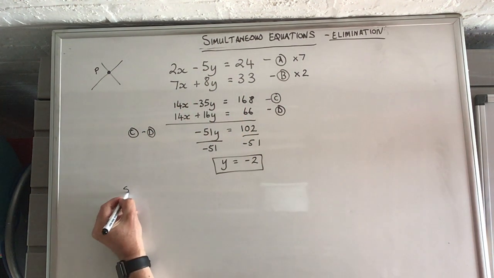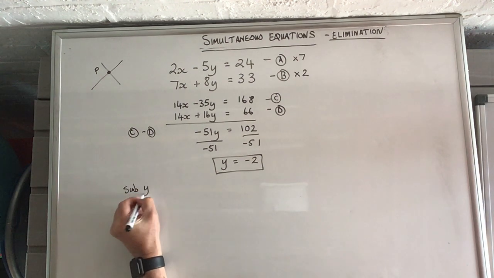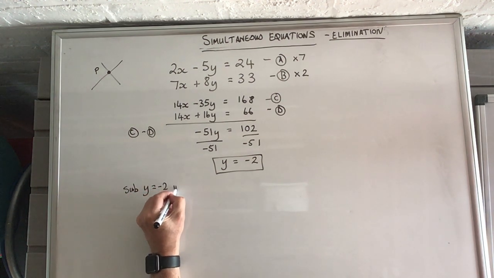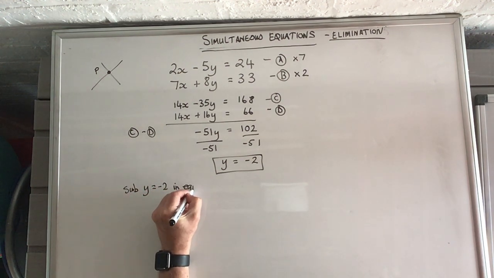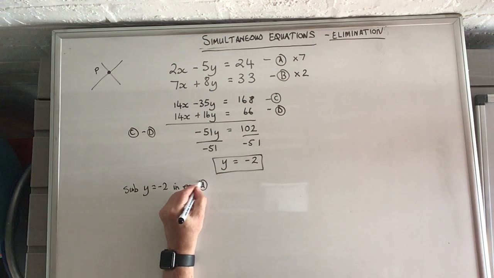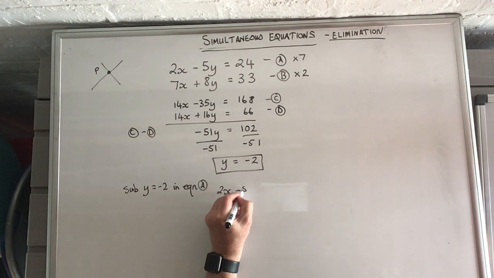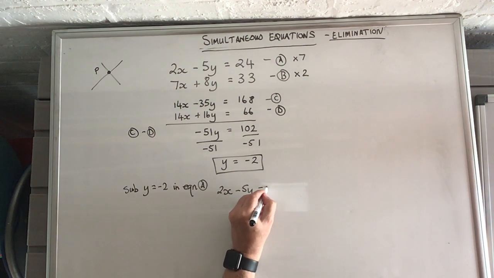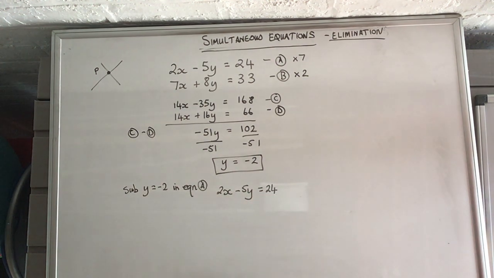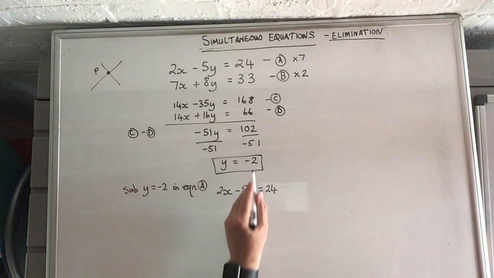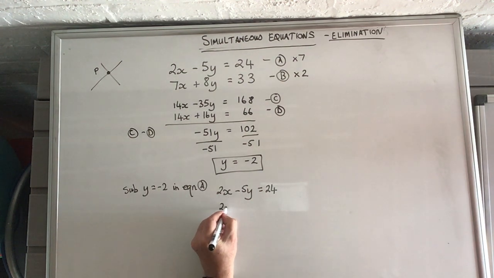So sub y equal to minus 2 into equation A. So equation A is 2x minus 5y is equal to 24. So we know y is minus 2, so we'll have 2x then.